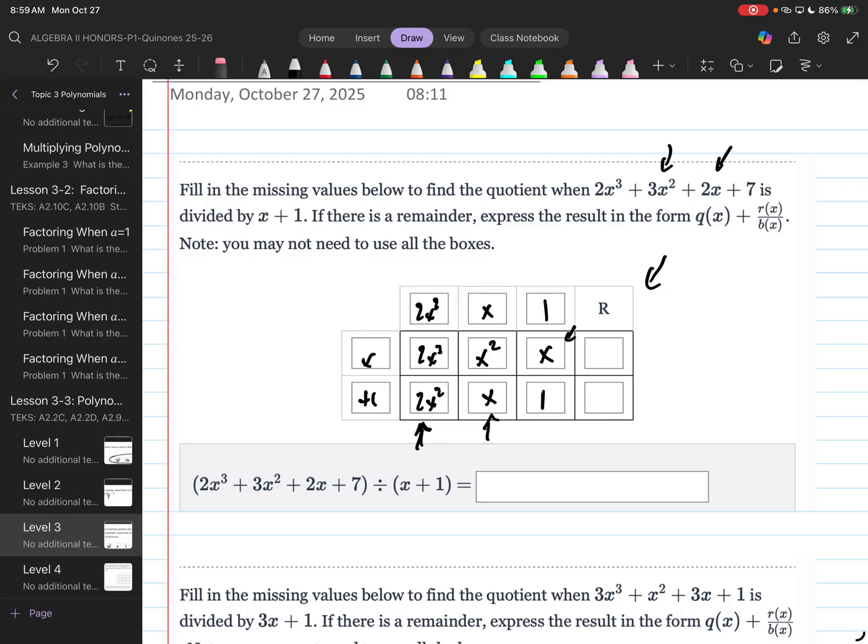Okay? But we are done. We have escalated our polynomial as we've divided as much as we can. We have a remainder, right? Because this plus this has to give us my constant. So what number is that?